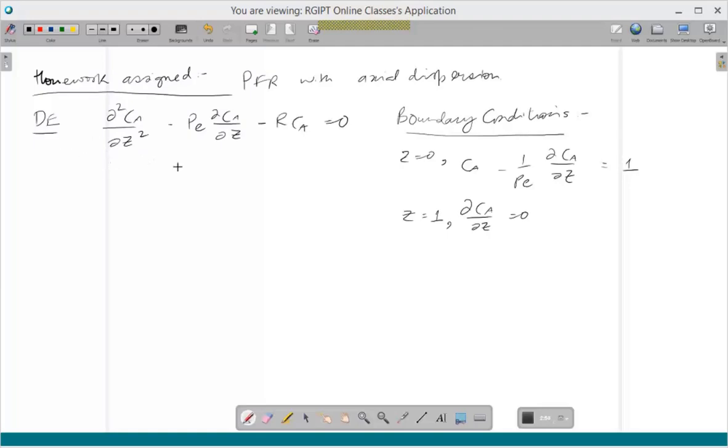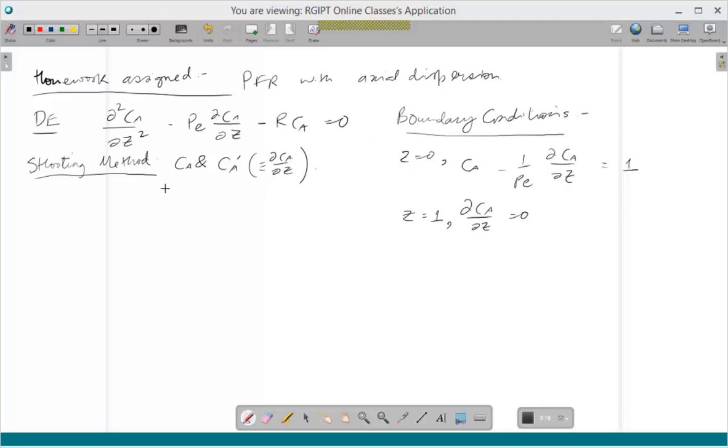So this was our problem statement, and what we decided to do is the shooting method. This is what we are going to solve by the shooting method. In the shooting method, we identify essentially two quantities, Ca and Ca prime, which is del Ca by del z. These two become our variables, and we track both of these as we move along z.